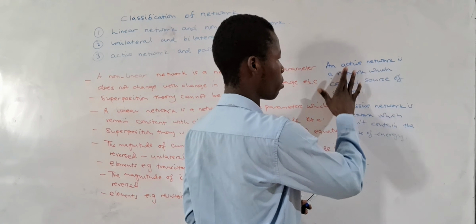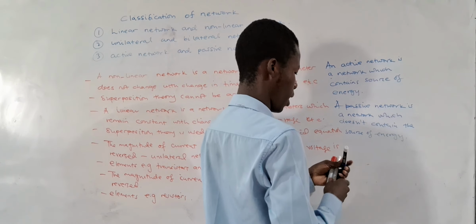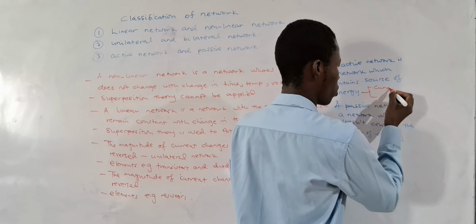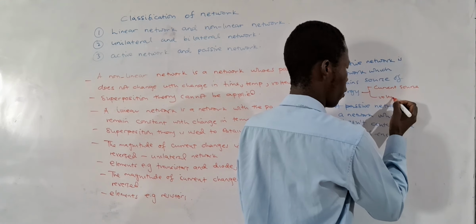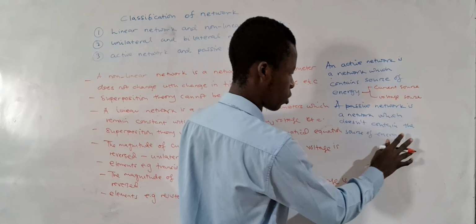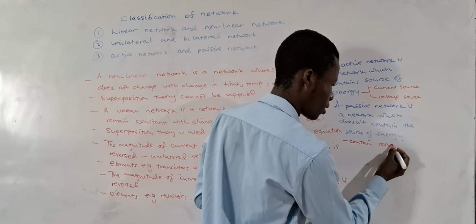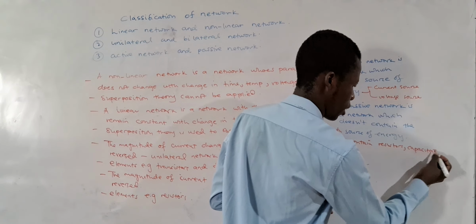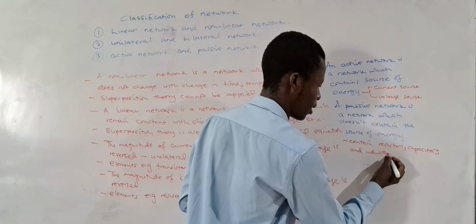The sources of energy are the current source and the voltage source. The ones which do not contain the source of energy contain resistors, capacitors, and what? And inductors only.